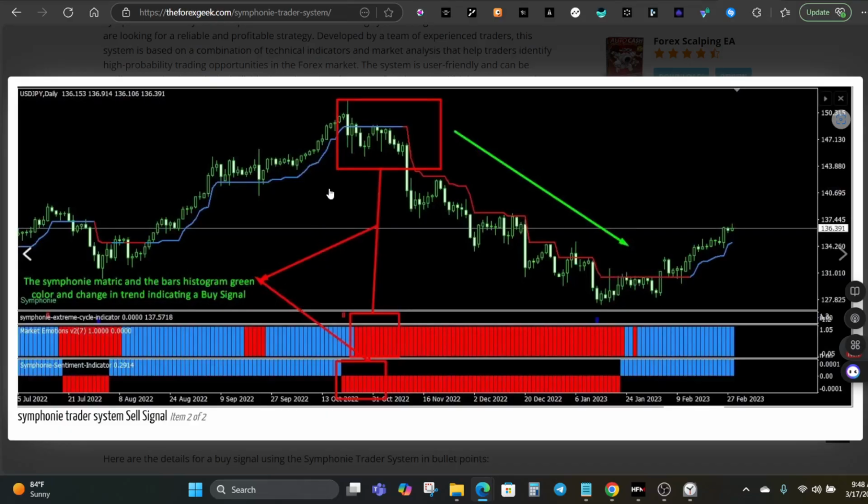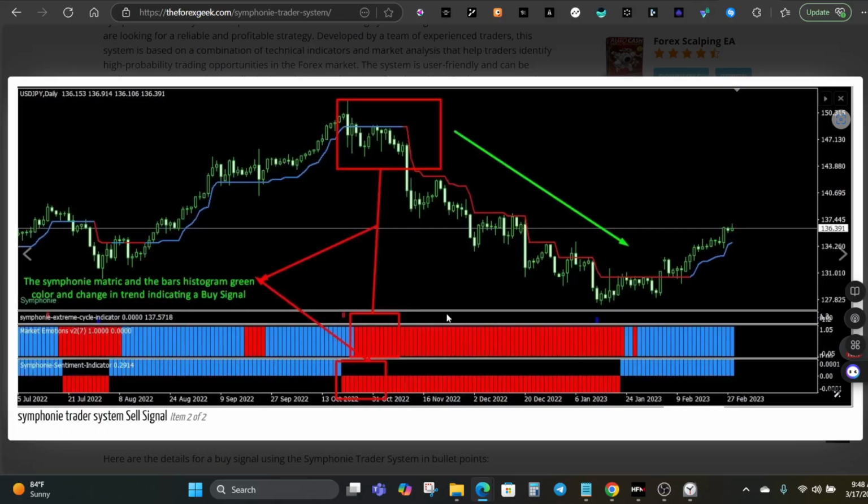You just have to watch out for the price to drop below this indicator and let it turn red in color, and then your market emotions should also be red bars, and your Symphonie sentiment indicator should also be red. It's pretty easy. Just ensure that the three indicators align.